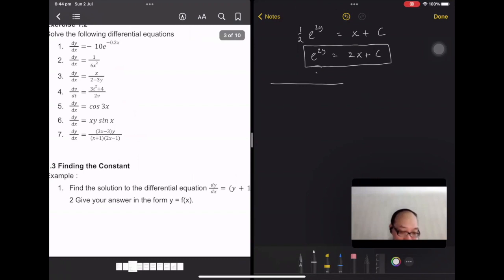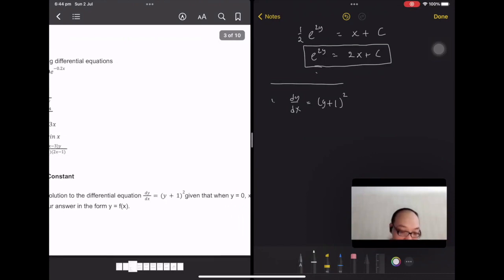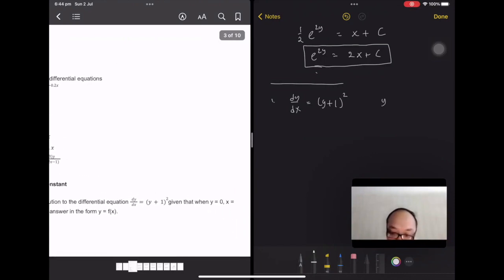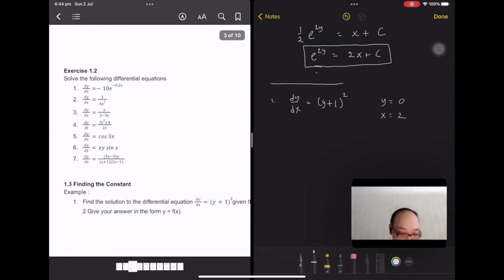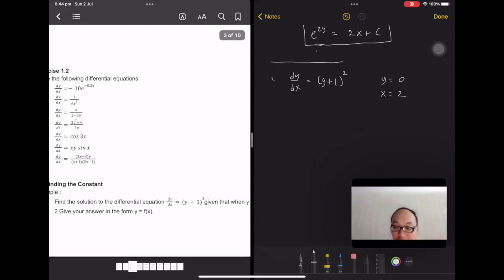Find the solution to the differential equation y dy/dx equals (y plus 1) squared, given that when y equals 0, x equals 2. Give your answer in the form y equals f(x). This form is similar to form number 3, so we can move the (y plus 1) squared to the left side.